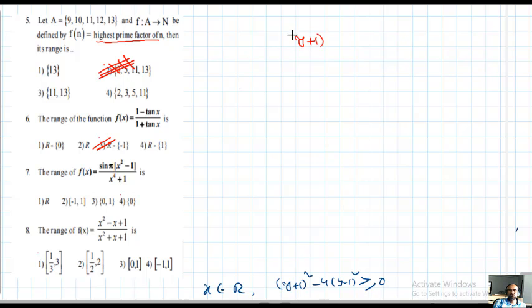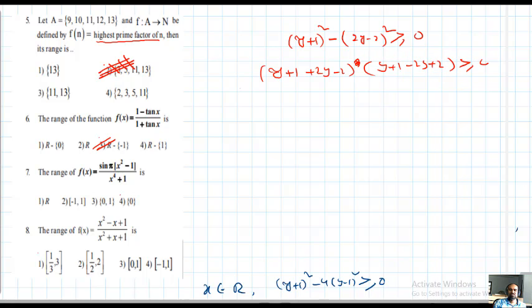(y plus 1) whole square minus (2y minus 2) whole square greater than or equal to 0. a square minus b square, (a plus b) into (a minus b). (y plus 1 plus 2y minus 2) into (y plus 1 minus 2y plus 2) greater than or equal to 0.